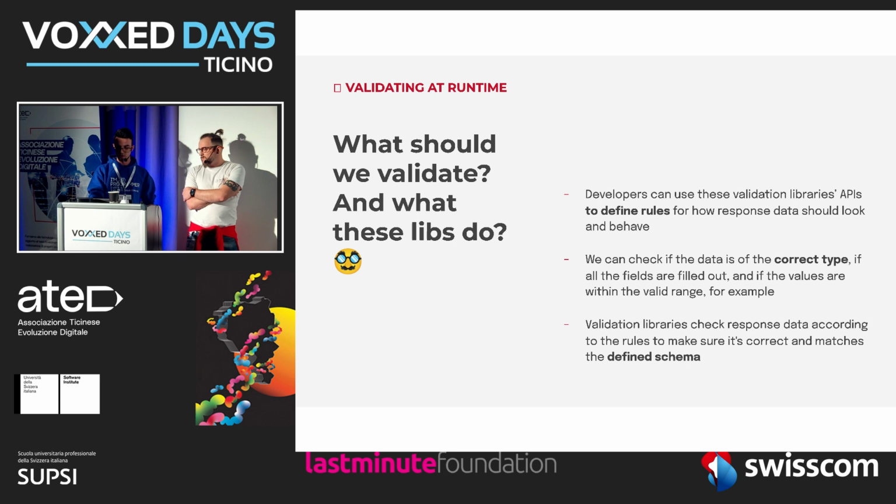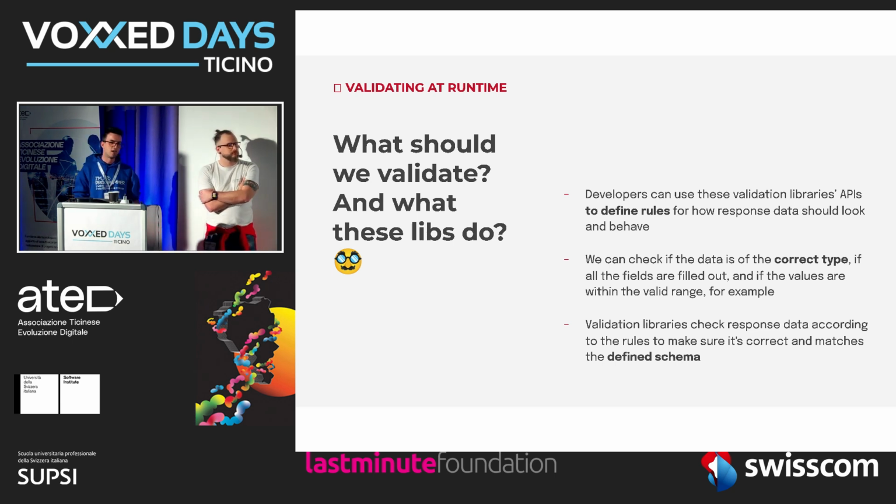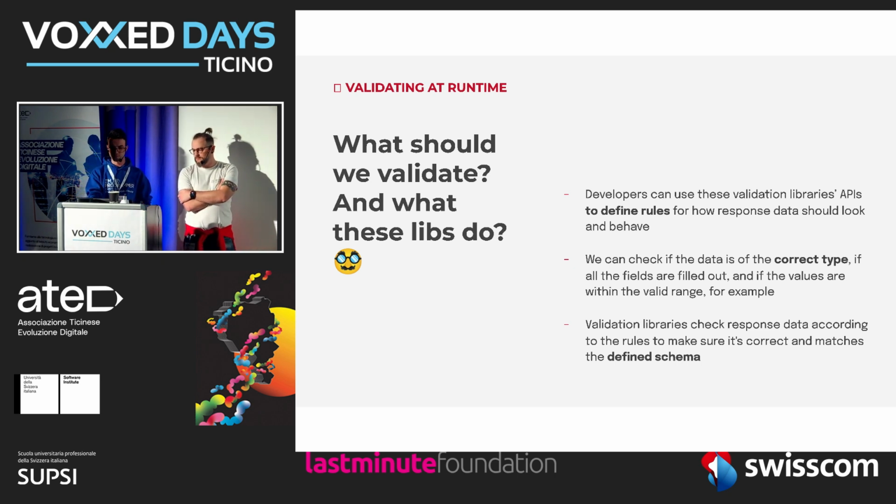We could add extra checks, such as whether they are required or optional, whether they are within a valid range for numbers, either negative, positive, etc., or, if it's a string, whether they match a regular expression. That being said, this whole set of rules makes the defined schema.